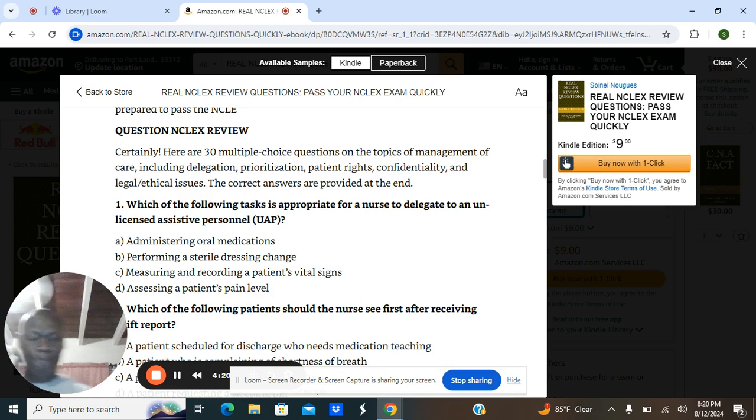This is appropriate because it is not dangerous. To check the vital signs, that person can do that. D, assessing a patient's pain level. So the question is, which of the following tasks is appropriate for a nurse to delegate?